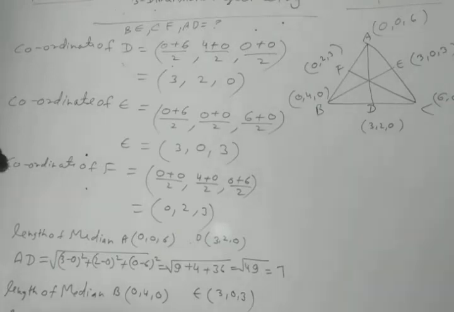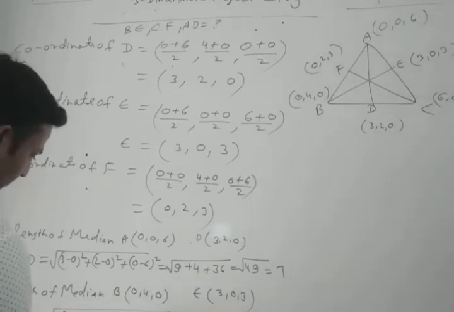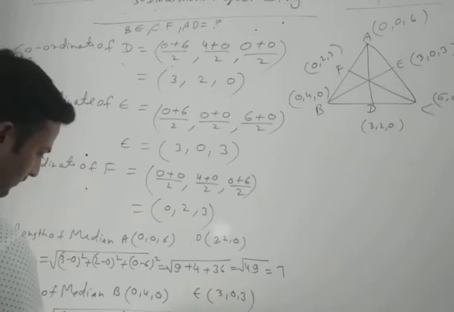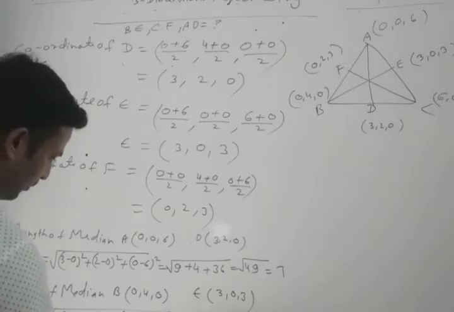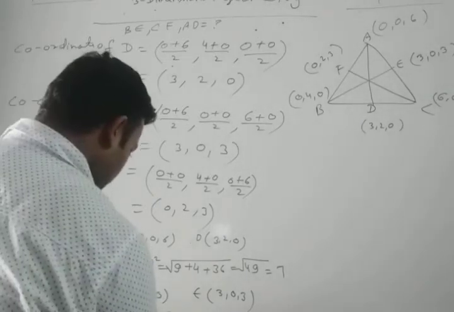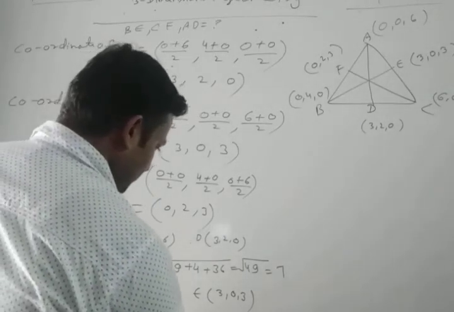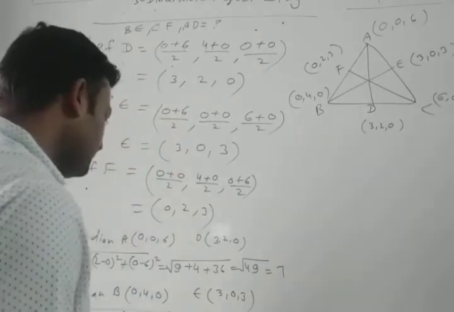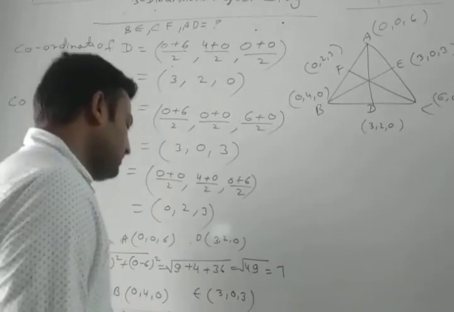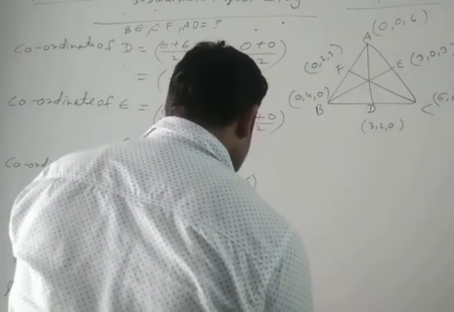So BE is equal to the square root of (3 minus 0) whole square plus (0 minus 4) whole square plus (3 minus 0) whole square. That is 9 plus 16 plus 9. 16 and 9 will be 25, and 25 and 9 will be 34.